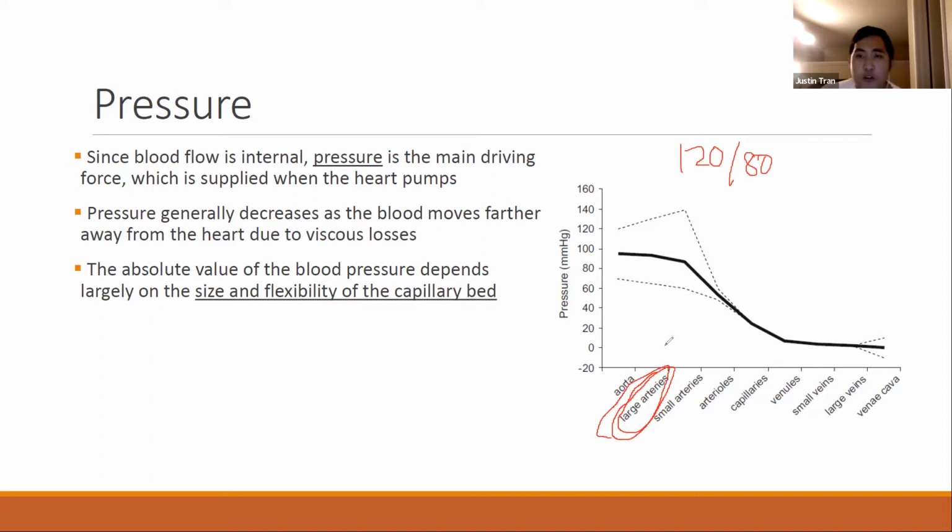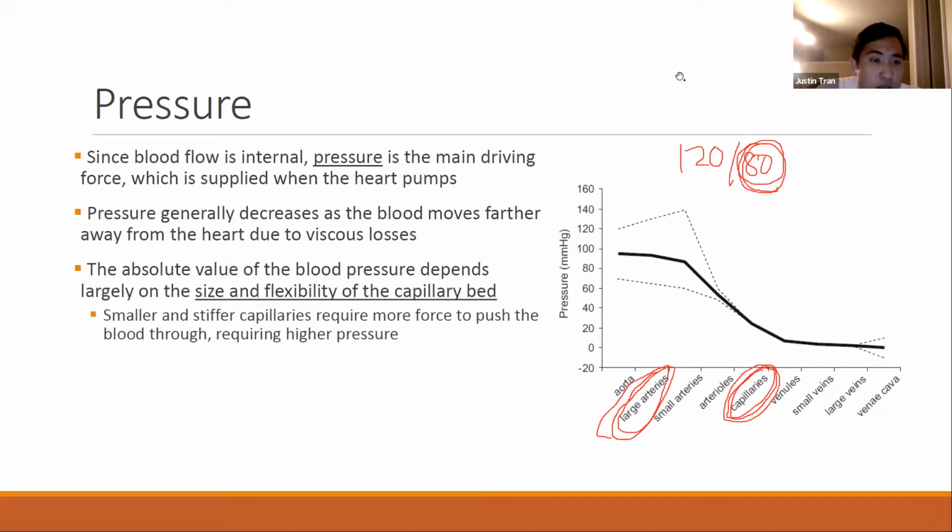And so if you think about when you go to the doctors and they measure your blood pressure, they usually take it in your arm, right? And so the fact that the pressure never goes down to zero there means that there's always some kind of base pressure. Okay? And that base pressure is determined actually by the capillaries. Okay, and we'll talk about this actually quite a bit in the class because it's a pretty important concept. Okay, and so generally speaking, if your capillaries are small and stiff, it's going to require a lot more force to push the blood through those capillaries, right?